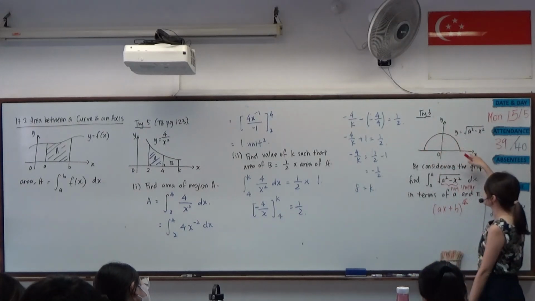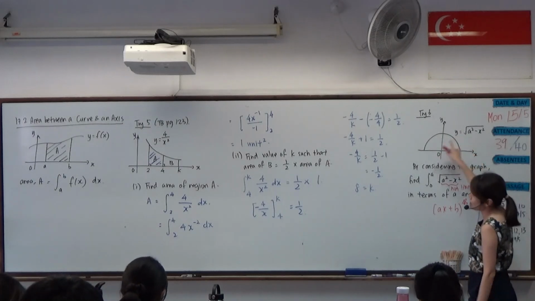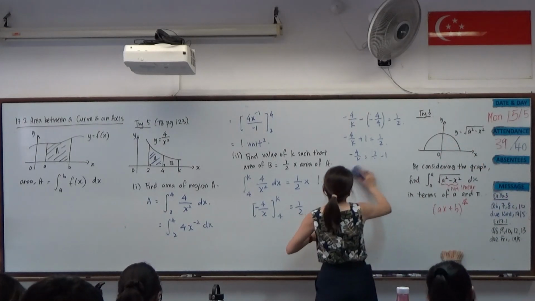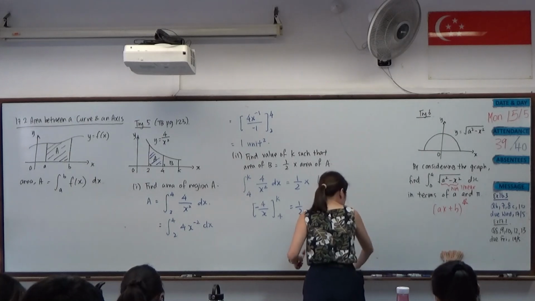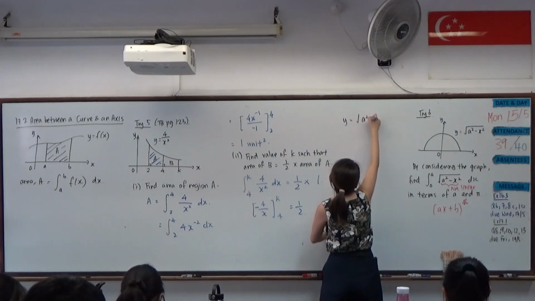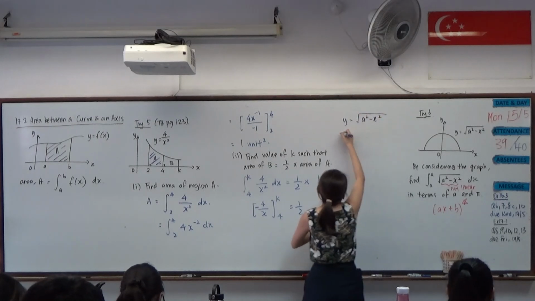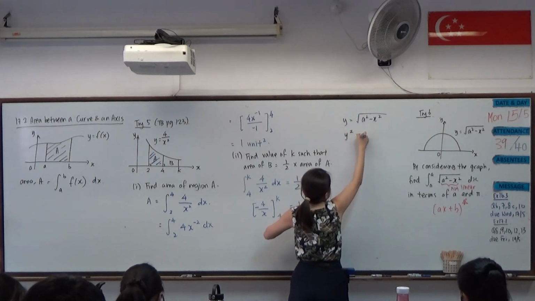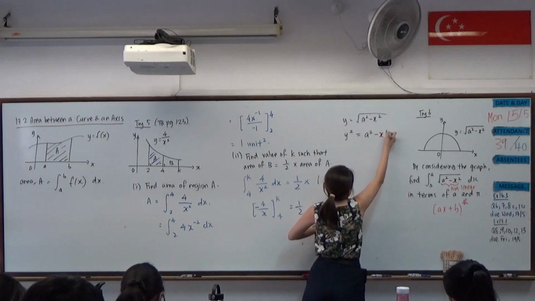But in this circle itself, maybe let's translate this equation that has been given to us. We are given y equals square root of a squared minus x squared, which actually is the same as y squared equals a squared minus x squared.